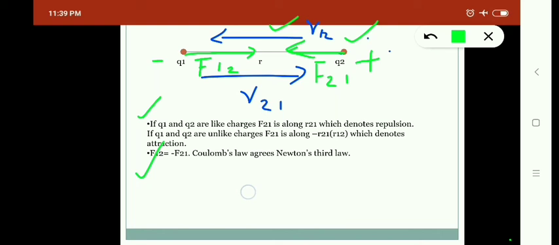That means Coulomb's law agrees with Newton's third law. According to Newton's third law, for every action there is an equal and opposite reaction. That means if an object A exerts a force on B, then B will exert a force on A, and both the forces will be opposite. Okay, so this is about Coulomb's law and its vector form.